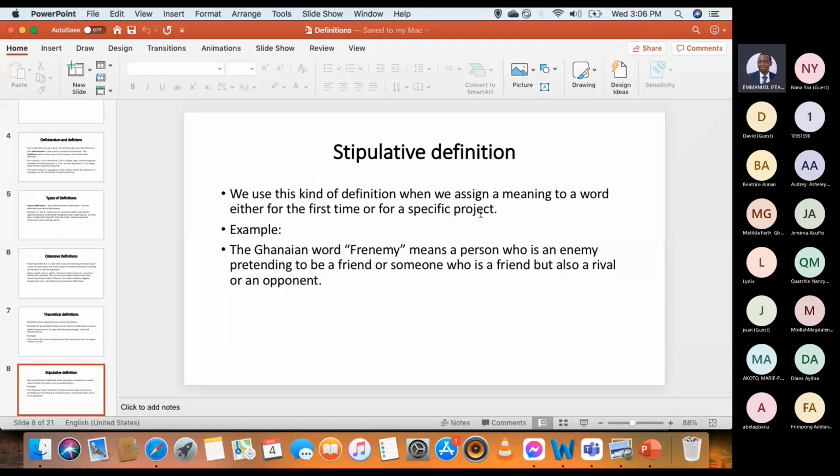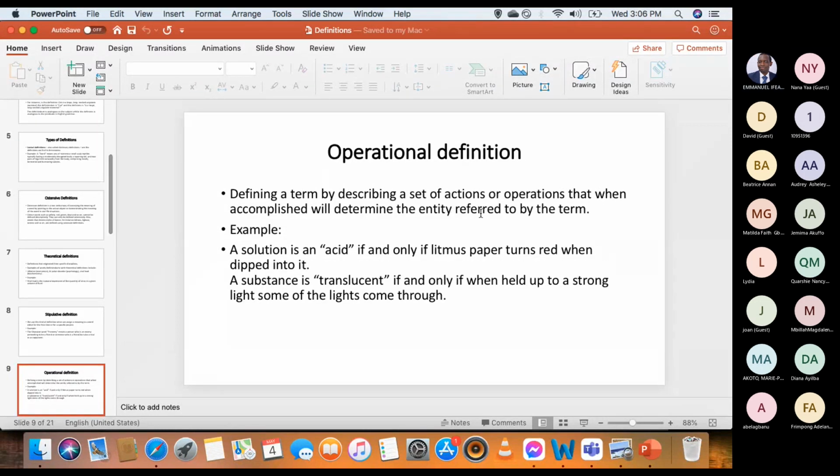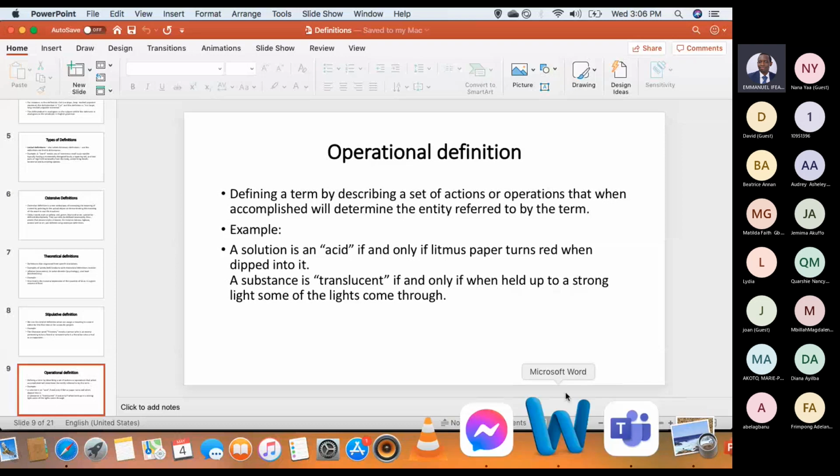When you create a definition for a purpose, because you are not satisfied with previous definitions of this thing, or there are no definitions of this thing at all, that's a stipulative definition. And we have operational definitions that involve a set of actions or operations that, when accomplished, will determine the entity referred to by the term.